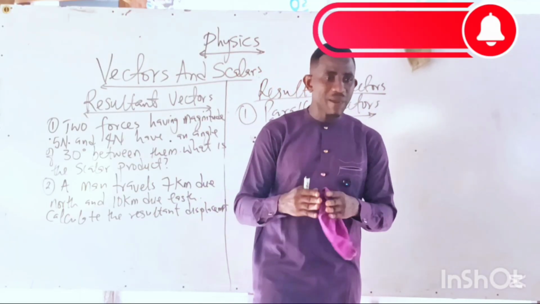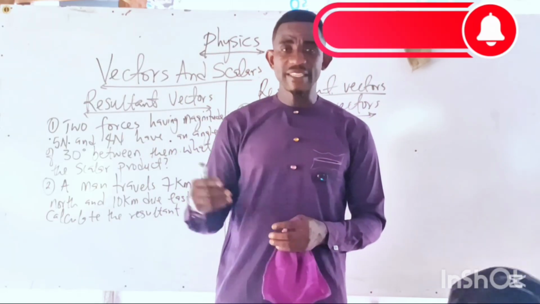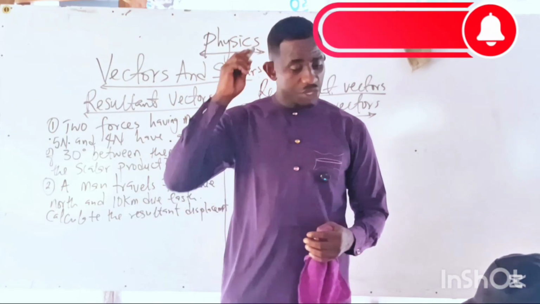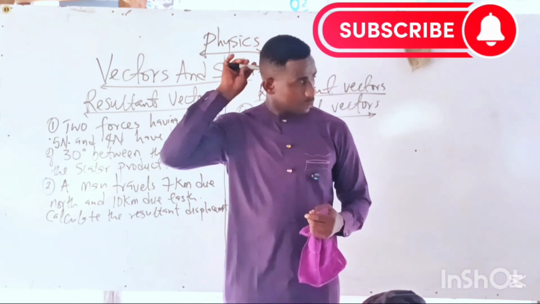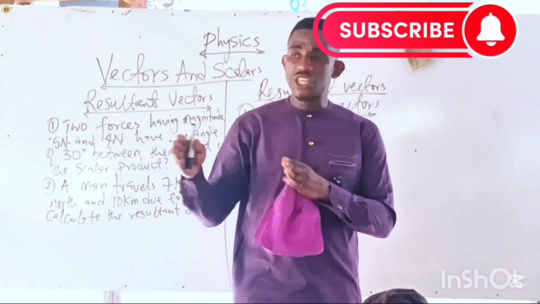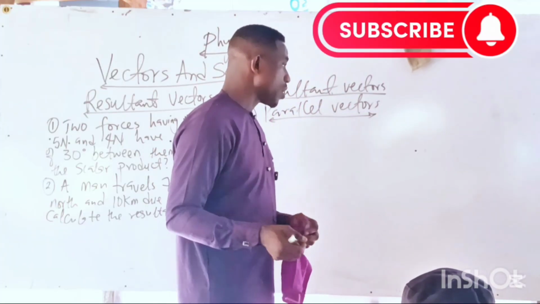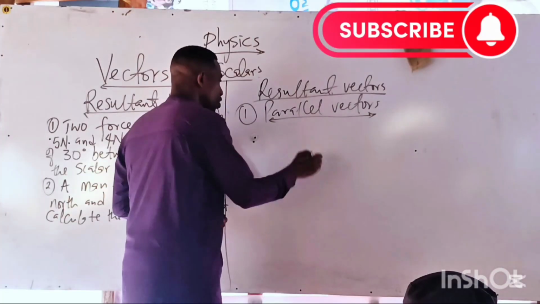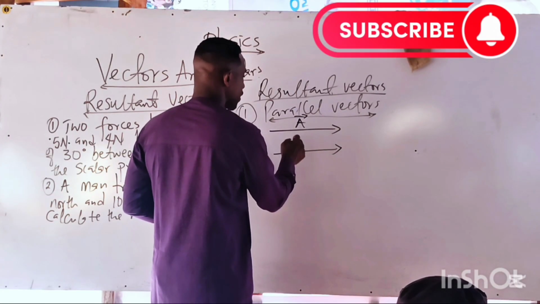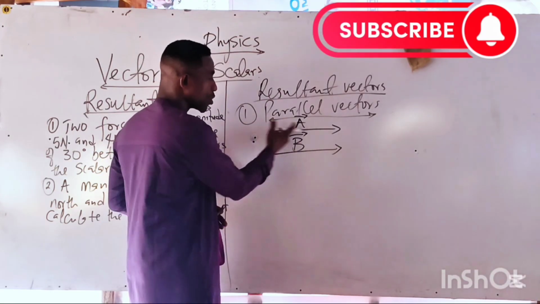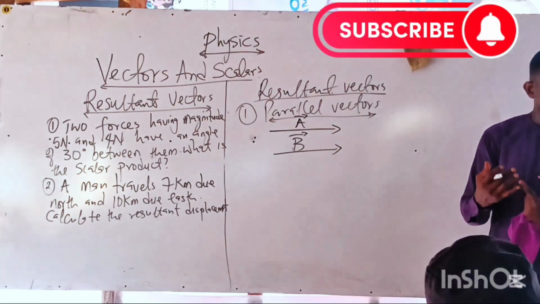Now, the resultant of parallel vectors. The resultant of parallel vectors is the arithmetic sum of the individual vectors. So if we have vector A, for example, and vector B, for example, the resultant vector is kind of the resultant effect.